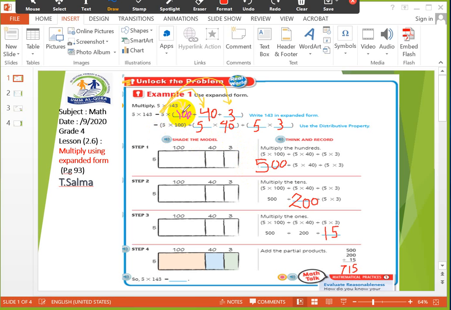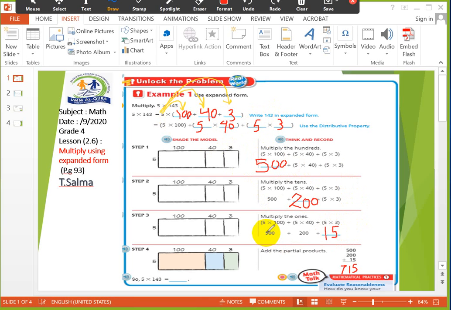So first thing, I will find the value of hundreds here. Okay? So I will multiply 5 with 100. I told you have to multiply 5 with 1 and put 2 zeros next to the answer, so it will be 500. Then 5 multiply 40 equals 200. And 5 multiply 3 equals 15.